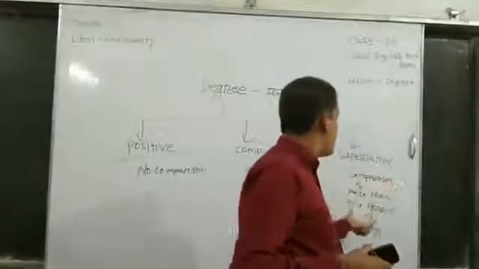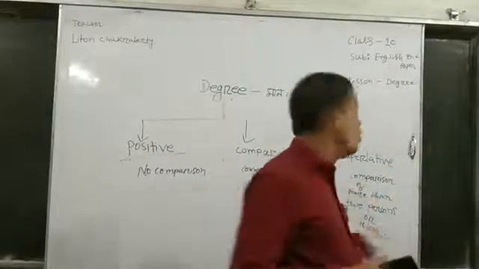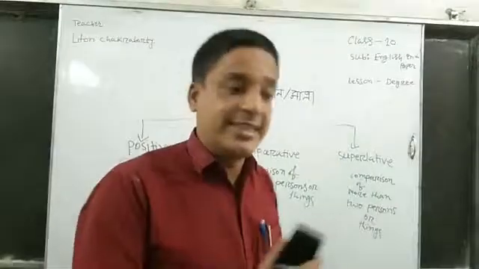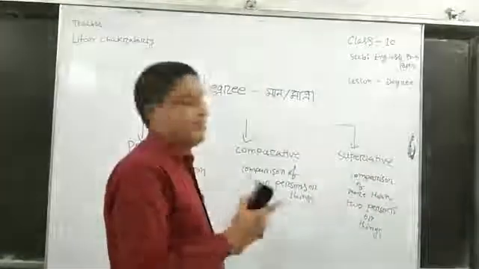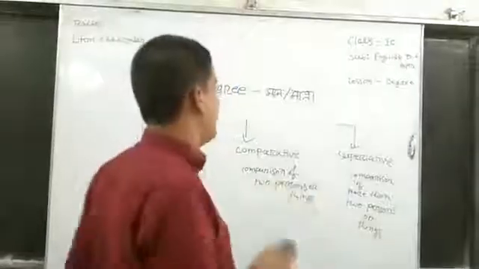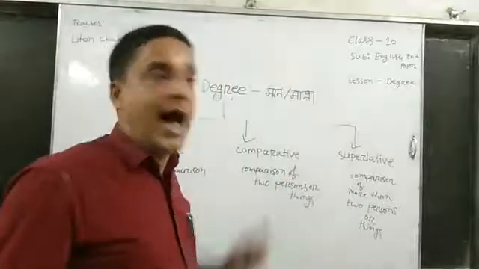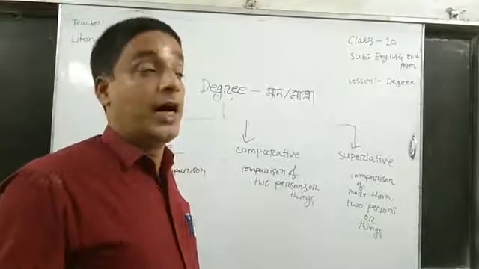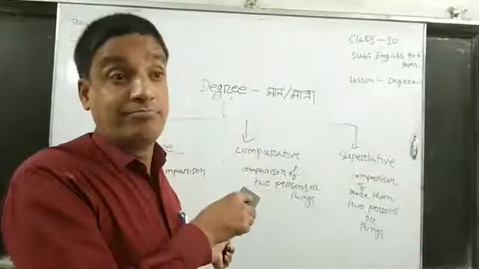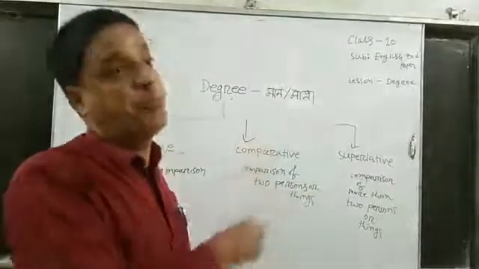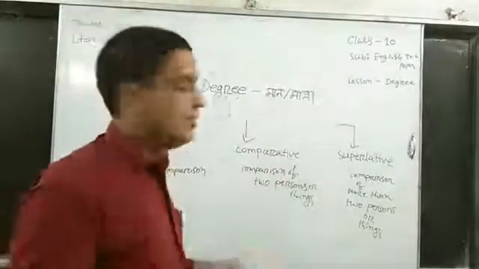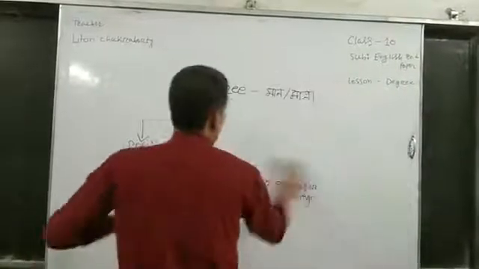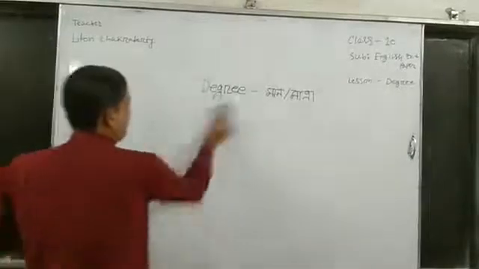Superlative, comparison of more than 2 persons or things. This is the point. You must remember it, and I hope you all wrote it down, because it is very important to note that in your exercise book.